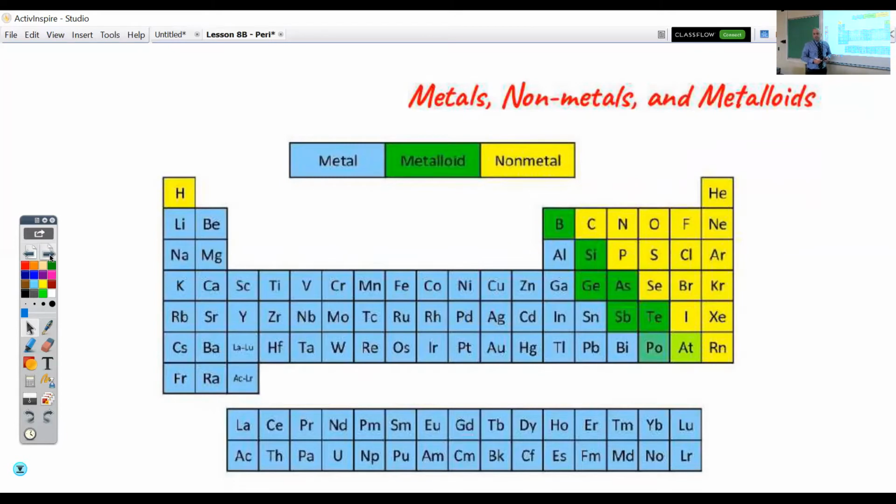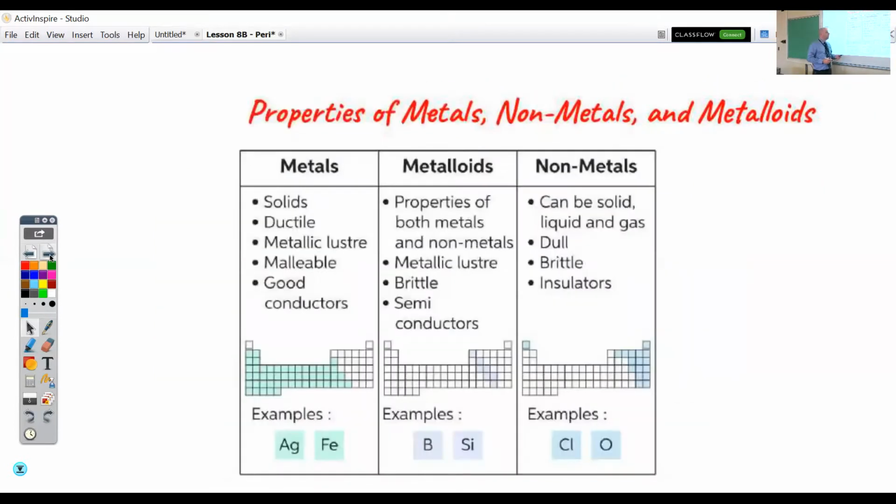Now, what we're going to do in our activity now is we are going to take a look at some properties of metals, metalloids, and nonmetals. So let's take a look. If you look at this screen, you can see that we have properties of all three things. So first, we know that metals are solid.